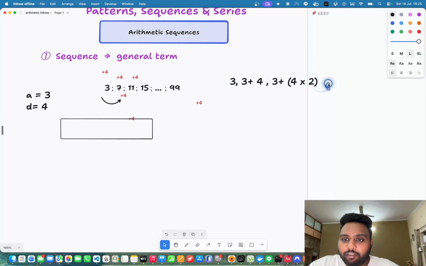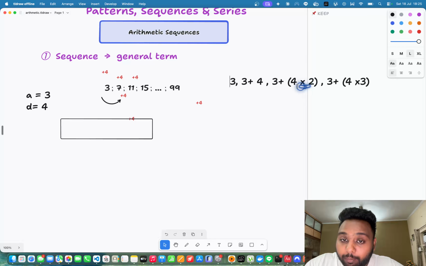This is the way we can write our series, and it will just go on like this. It will go on to 3 plus 4 multiplied by 3. If we try to generalize this, we see that 3 is common across each term, and the difference is getting multiplied depending on which term it is.